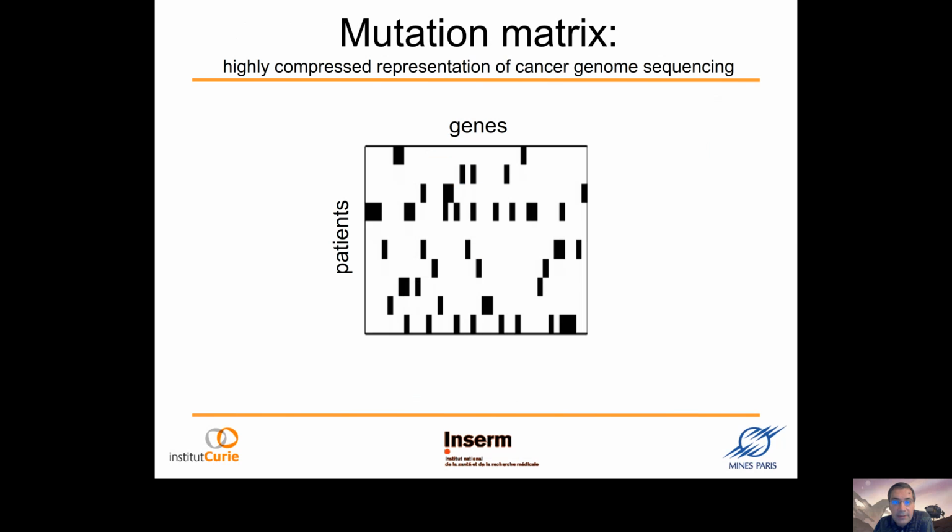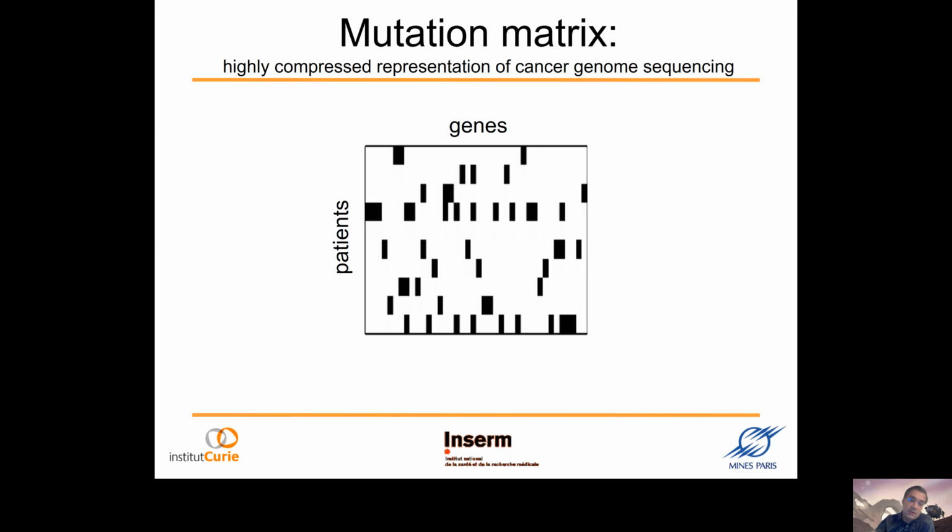And in principle, today, if we take a tumor, we can have access to this information. We can determine which genes in the genome have accumulated mutations. And in the most simple case, we can distinguish if a particular gene in a tumoral cell or a group of cells contains a particular mutation or not.